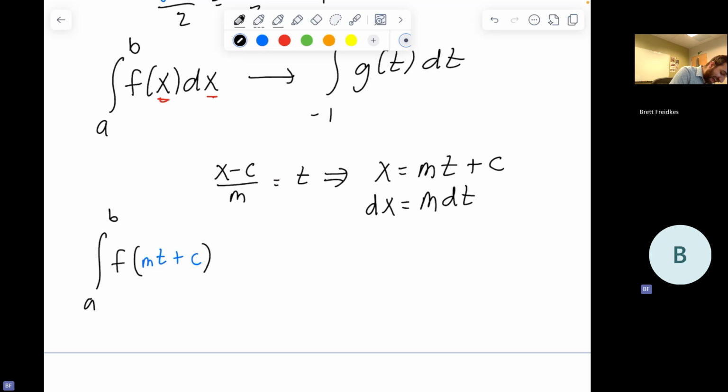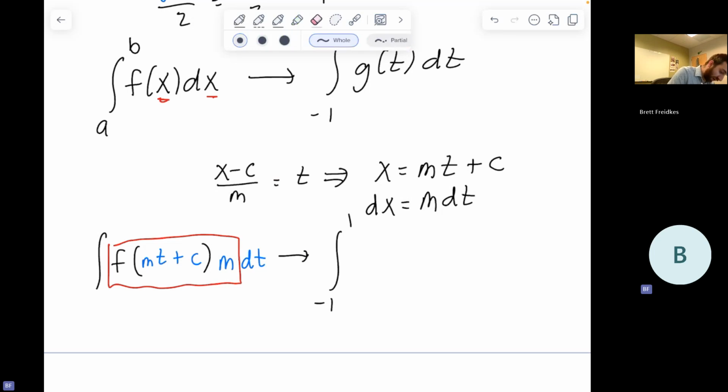So that means that dx is going to be m dt. This whole thing here, with the extra factor of m, that is my g of t, which is now valid for really what this should be. This should be -1 to 1 here, because I'm making these substitutions. This is going to be the same as g of t dt.